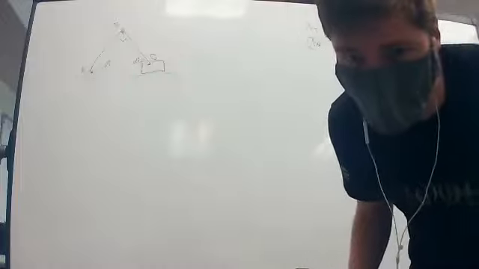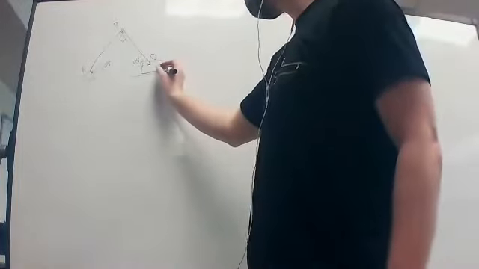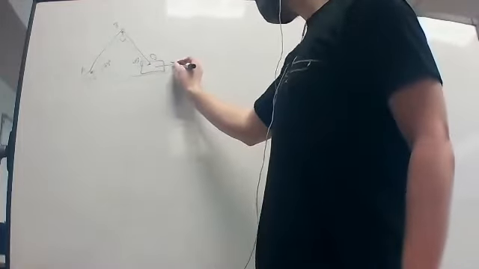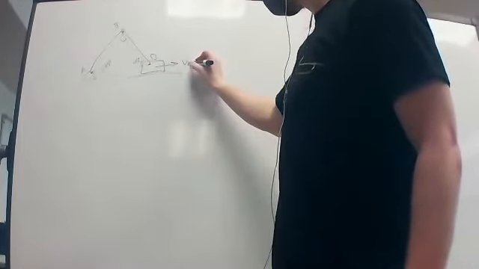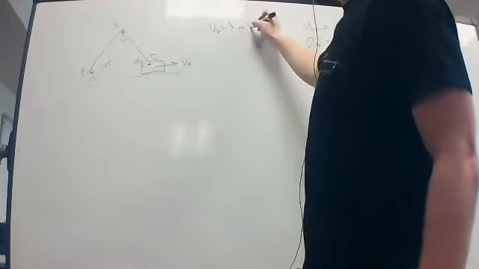And we're given that block D moves with a speed of 3 meters per second. VD equals 3 meters per second.